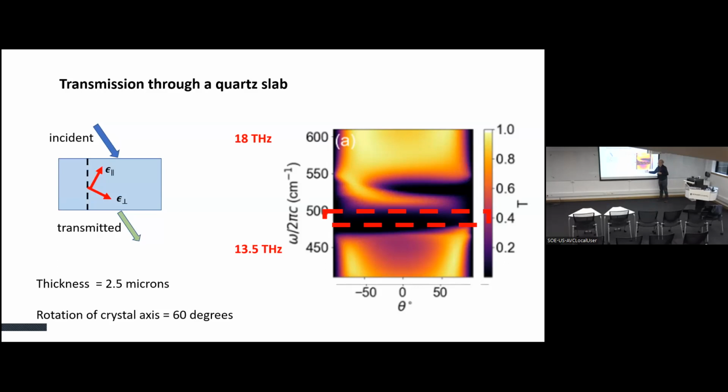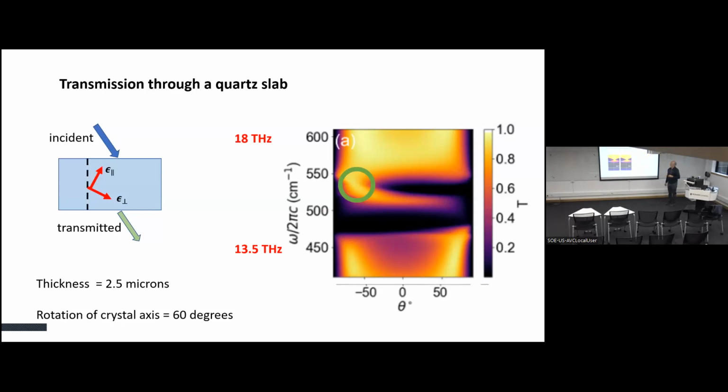But this region here is really weird, because over a lot of angles nothing is transmitted, but in a small range of angles there is transmission. In fact, it's almost just this angle right here. If you come in with this angle, you'll get transmission, and if you come in with any other angle, you mostly won't. So that is somewhat unusual.